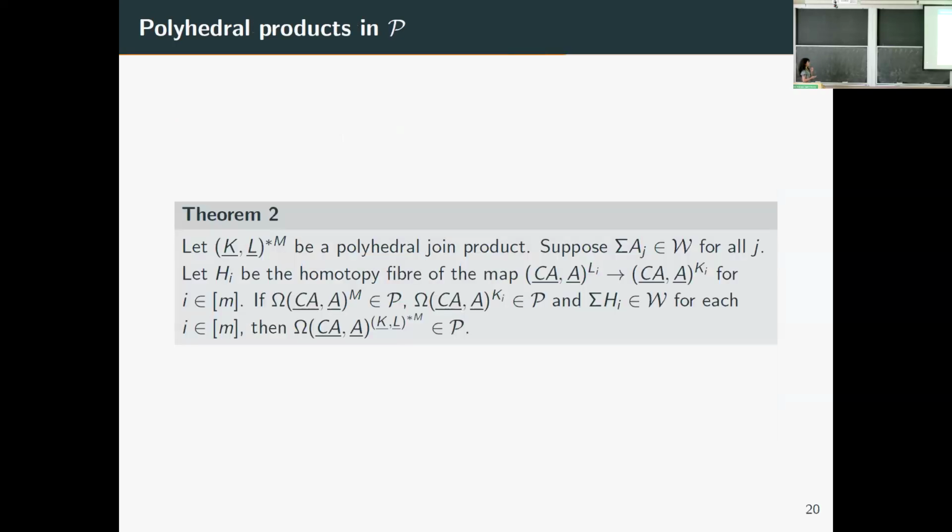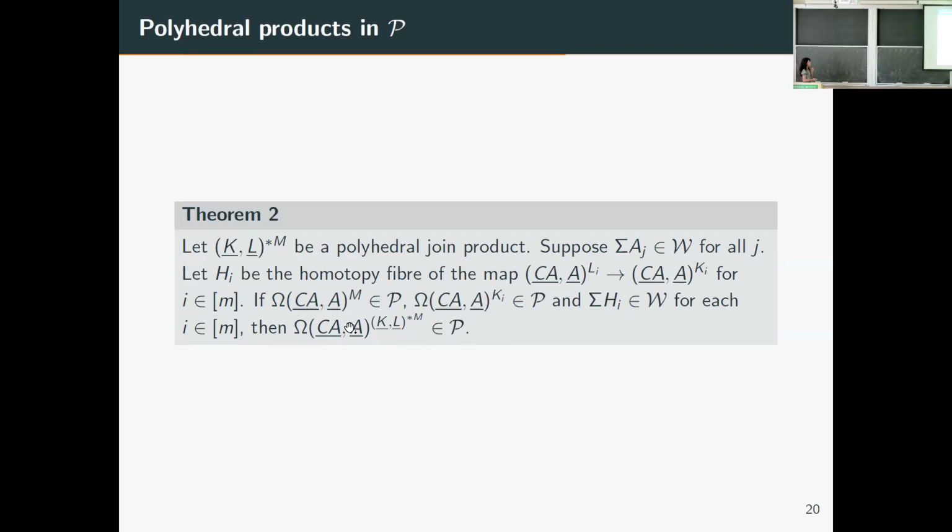So here's the second theorem. Supposing that we have that the suspension of A_J is in W, so is a wedge of spheres, for all J, what we really need to ensure that loops on the polyhedral join product belong to P is that loops on the polyhedral product on M belongs to P, so what we started with.